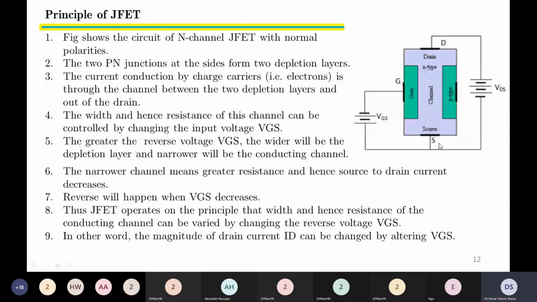So this is another advantage of using JFET, that between drain and source, there is no junction. However, if we recall the construction of a BJT, between collector and emitter, there are two junctions. One between collector and base, and second between base and emitter.